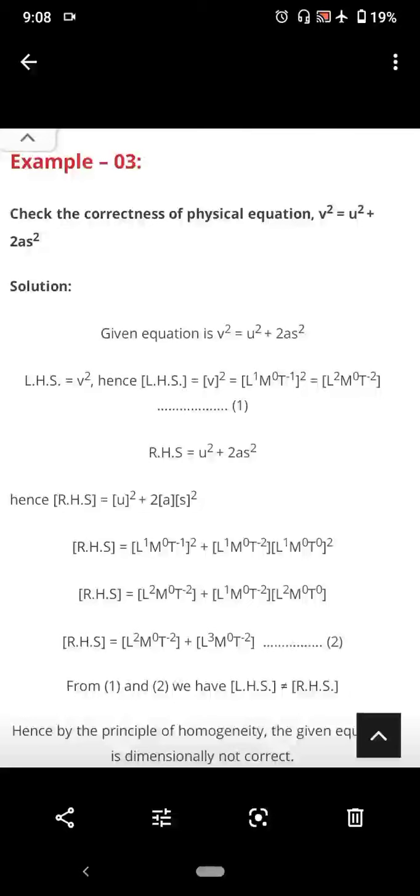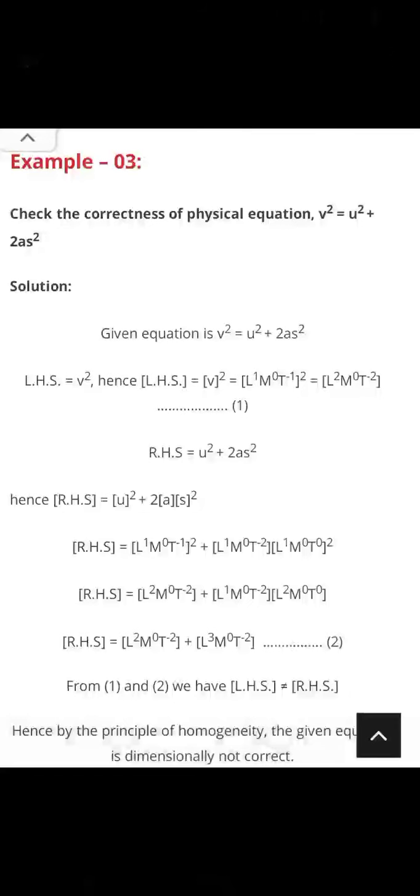Now we have to find the dimension of 2as square. The dimension for acceleration is LT minus 2, and that for s, which is displacement, is L. And here we have s square, so its dimension will become L square.